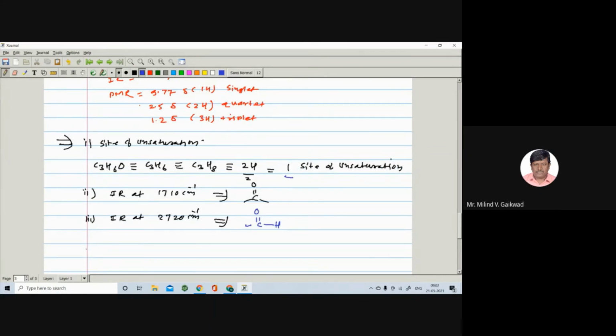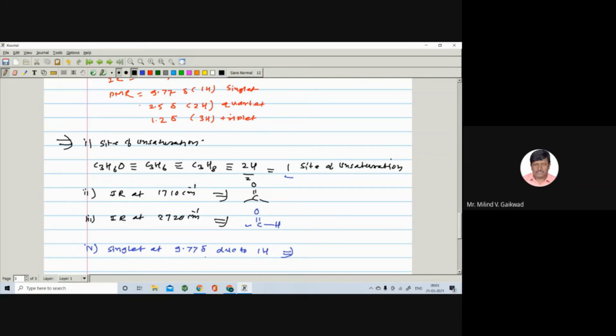Now number 4, then PMR. You can write in your own words as you wish. So you can write singlet at 9.77 delta due to one hydrogen indicates presence of aldehyde.